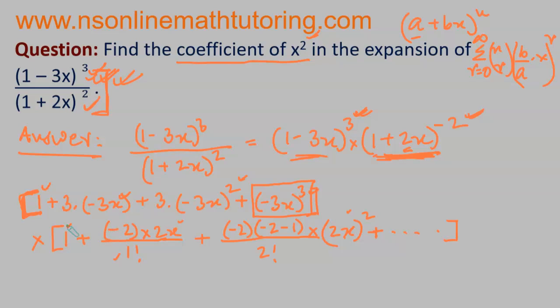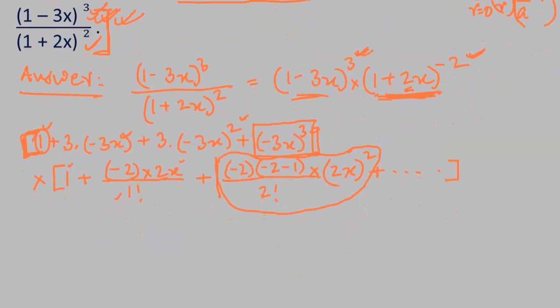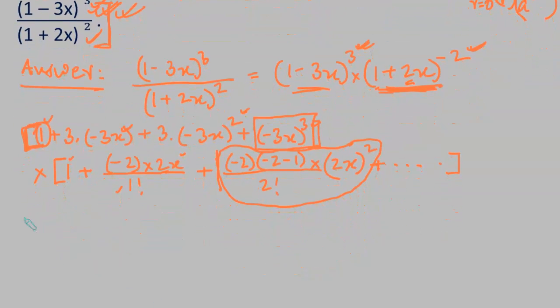Now we have to get the terms containing x square. So this one gets multiplied with this part. Okay? So it is 1 times, now this is negative 2 and this is negative 3. So negative 2 times negative 3 is positive 6.